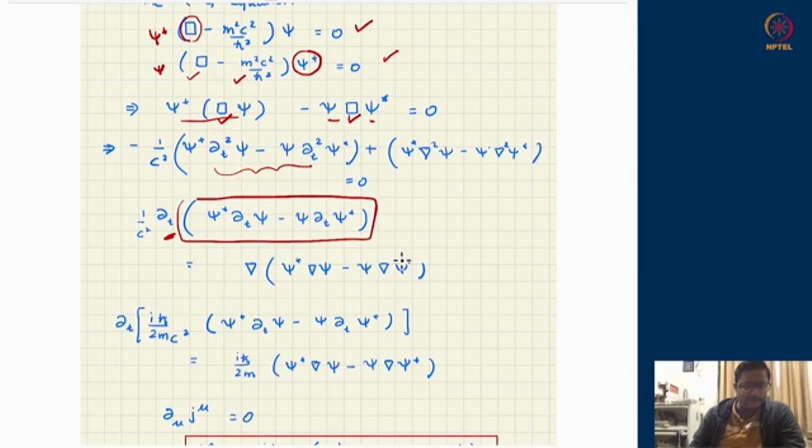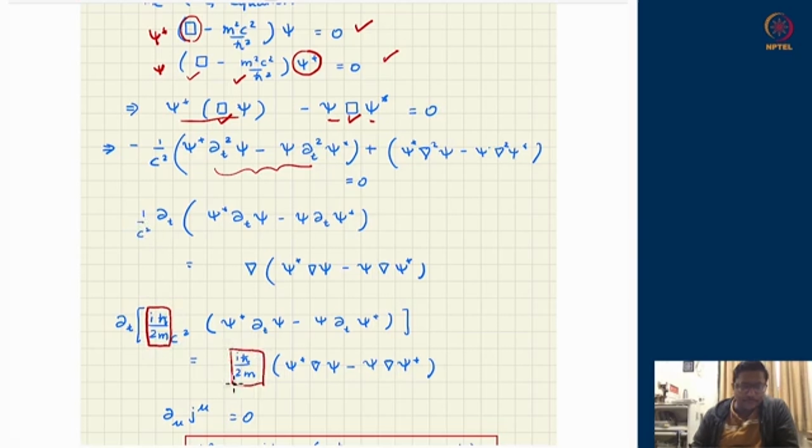Alright, if that is the case, I can just multiply by iota h bar upon 2m c square on the temporal part and iota h bar upon 2m on the other part, because 1 over c square is already there in the temporal part. So I multiply this constant on both sides of the equation. Then you can call this quantity something.